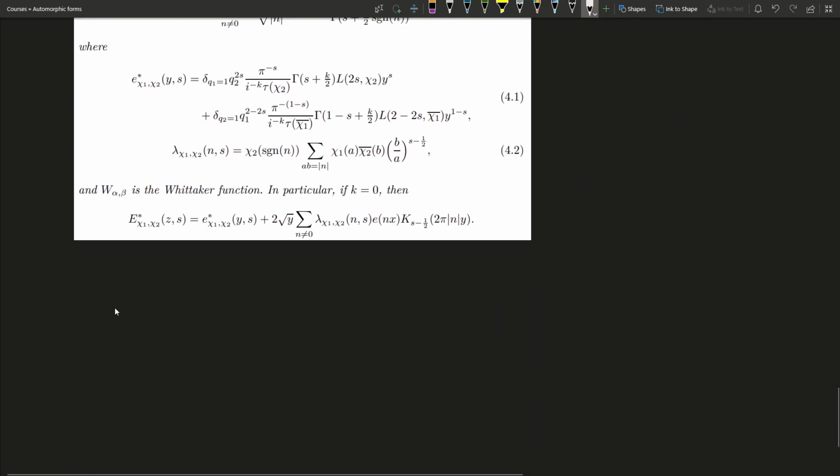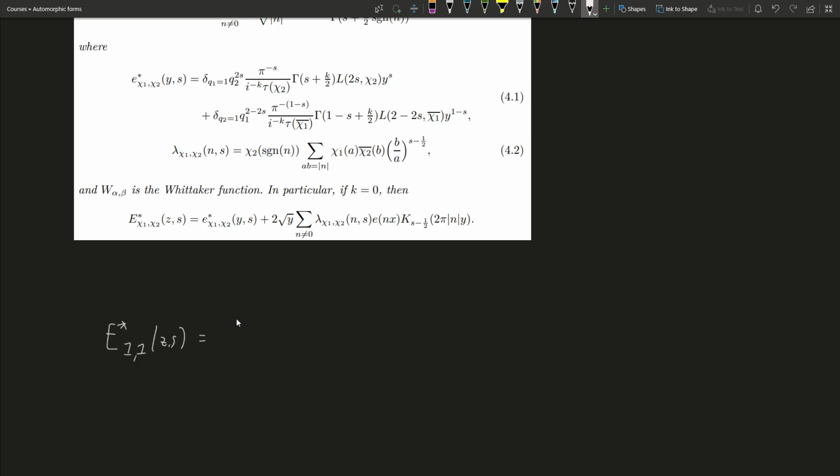Okay, so we have our E star 1,1 at z, s is going to be, and now let's write down what our constant term is. So Q1 and Q2 for us are both going to be 1, so we have both of these terms. And then we have a Q2 to the 2s, well, Q2 is 1, so this doesn't appear. We don't have this i to the minus k, so our k is 0, and we don't have our Gauss sum because chi2 is trivial.